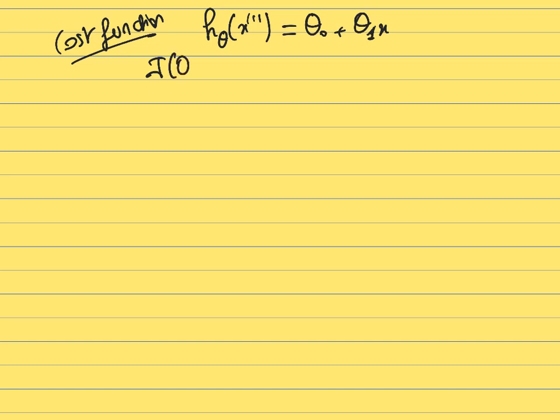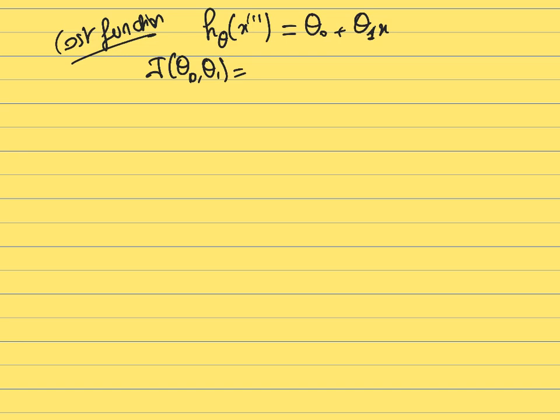So in the case of linear regression, we said that the hypothesis is necessarily a linear function written as theta naught plus theta 1 x. So your hypothesis is just a linear function of x, and it depends on the choice of only two parameters, theta naught and theta 1, which means that in the case of linear regression, the cost function depends on only two parameters, theta naught and theta 1.